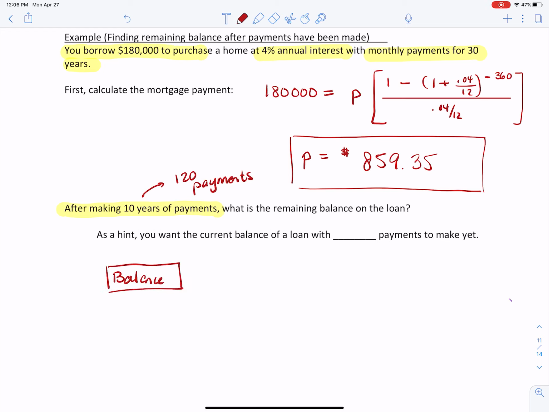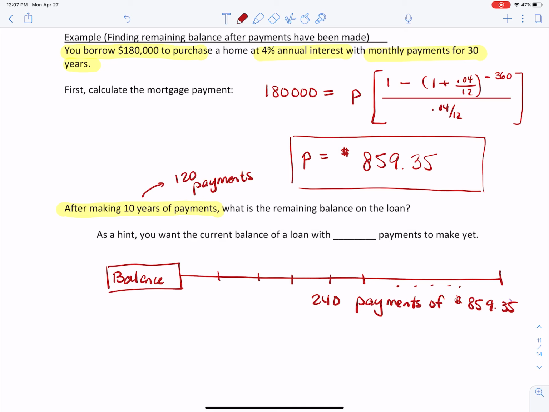And what is ahead of this balance? 240 payments of $859.35. So we have 240 payments remaining, and remember, if we're concerned about a lump sum now with payments ahead, that's the setup, right? It's the number of payments that have yet to come.